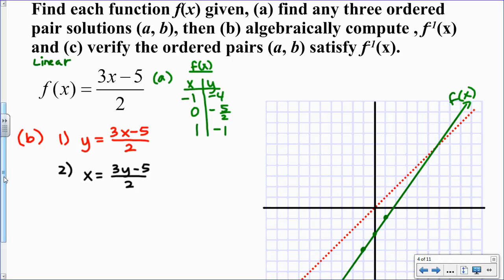Step 3, solve for the new y. Okay, so I'm just going to write this down. I want to get that y by itself. Well, the first thing I need to do is move this 2. I'm being divided by 2, so what do I want to do to both sides? Multiply by 2.